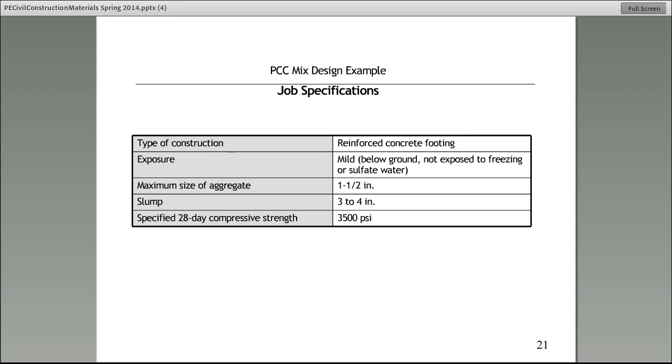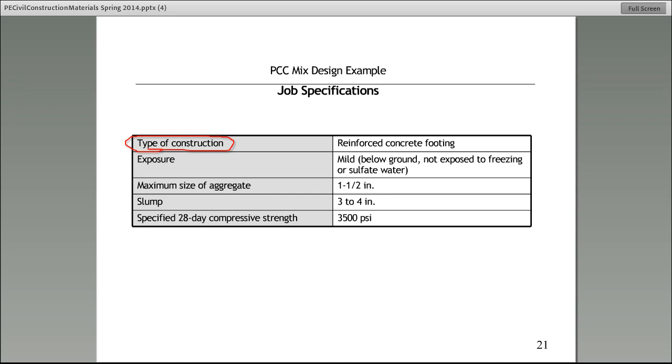If somebody calls you and asks you to please do a concrete mix design for them, before you can perform the calculations, you must have certain information. The first thing that you need to know is, what are you going to use this concrete for?